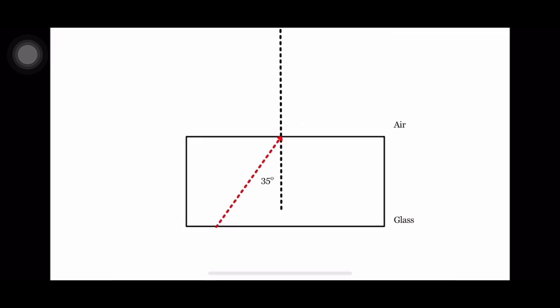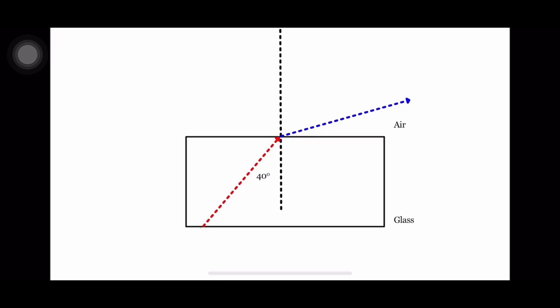When we use 35 degrees as an angle of incidence, we also get an increased refracted angle of 59.3 degrees. As we increase the angle of incidence to 40 degrees, the angle of refraction is correspondingly larger, with a measure of 74.3 degrees. Now we can see a pattern of increasing refracted angle.